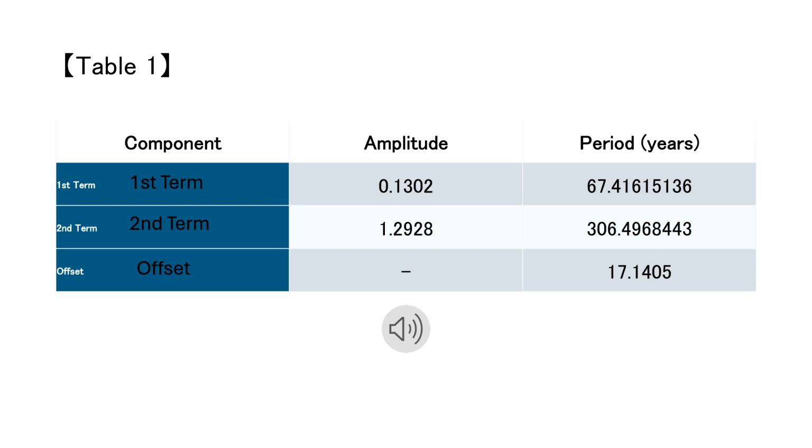First term: 0.1302, 67.4161536. Second term: 1.2928, 306.4968443. Offset: 17.1405.